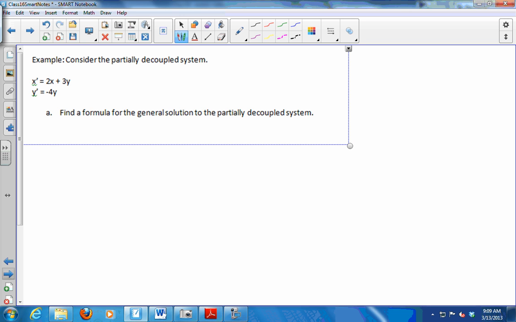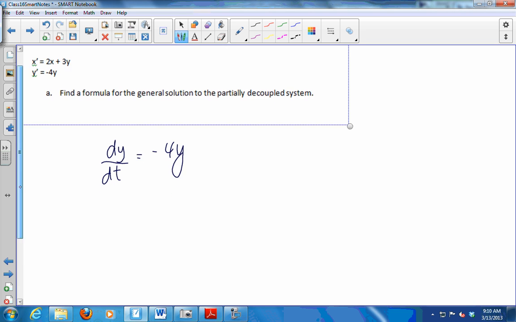And sometimes we will get a system that's called partially decoupled, which means one of the equations depends only on itself, and the other equation depends on both dependent variables. So we do have some interaction in this system, but one of them is dependent only on itself, so we can solve that one right off the bat. I can start with dy/dt equals negative 4y, and solve that by separation of variables.